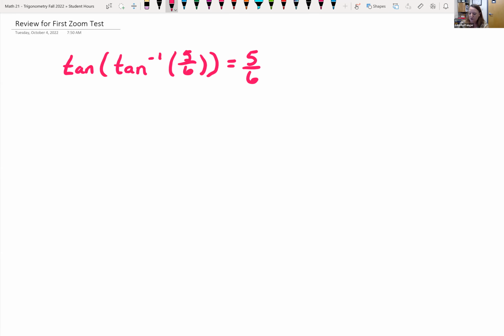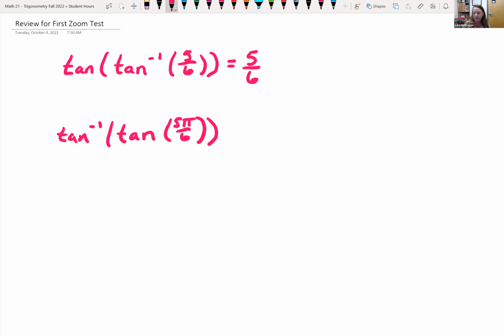We need to be careful. Let's say we had something more like tangent inverse of tangent of, let's say, 5 pi over 6.